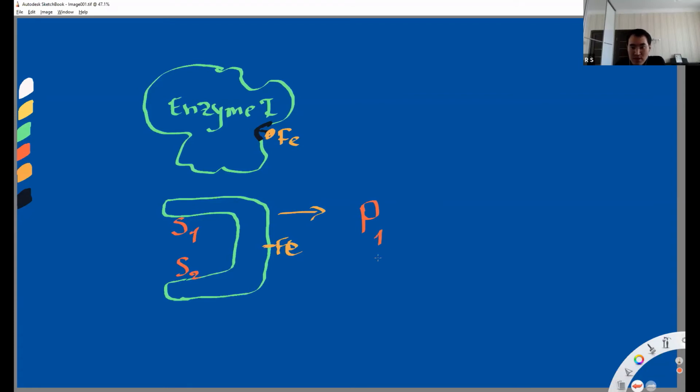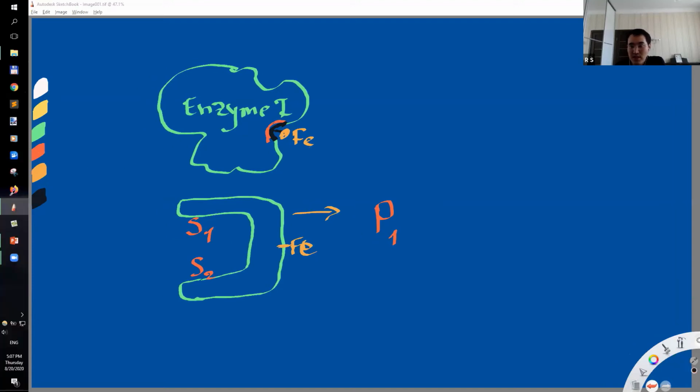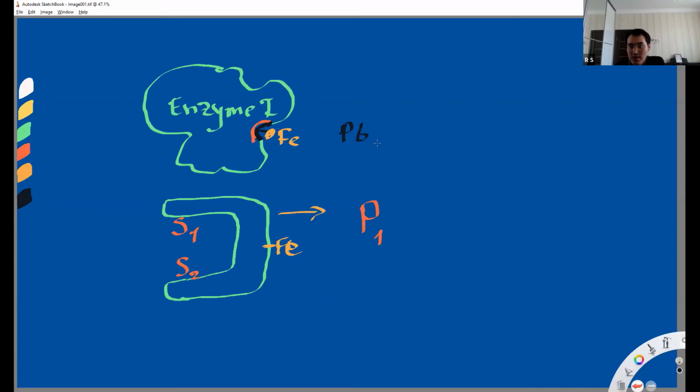So the thing is, this place has a very high affinity to ferrum, but it can also accept something else. Let's say something like lead or plumbum. And if instead of the ferrum it has the lead, it will not change the conformation to this state.